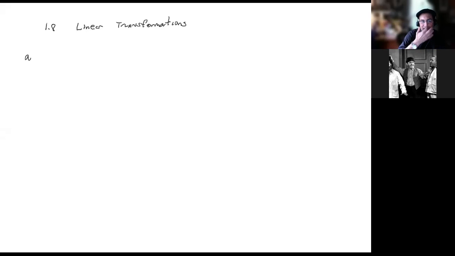Dogs are crazy today. So a linear transformation T from Rn to Rm, this is notation, is a function.